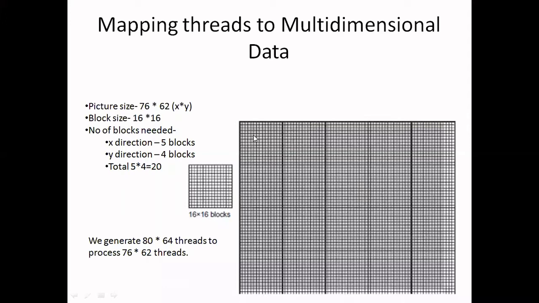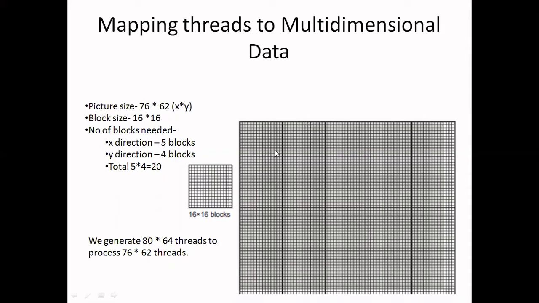So in X dimension, if I'm not wrong, we need 5 blocks. 16 into 5 is 80, so 80 threads in X dimension. 80 will easily cover 76, right? Now, how many blocks do you need in Y dimension to cover 62? 4 blocks are enough. 4 into 16 means 64.